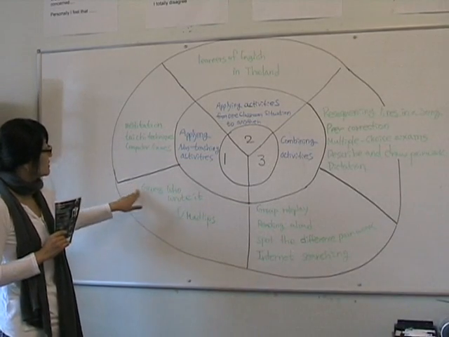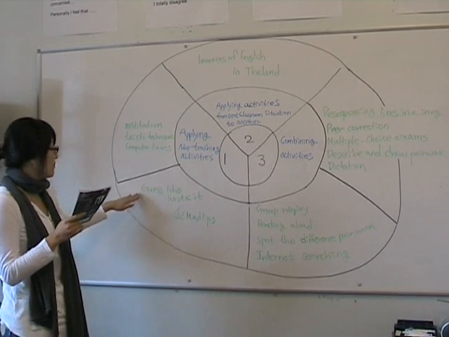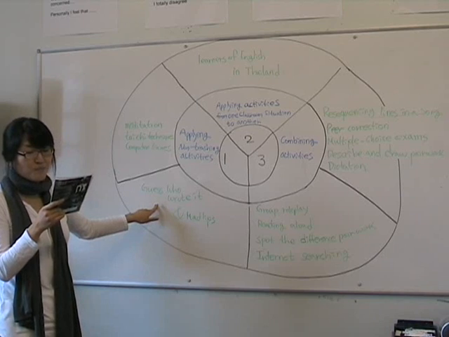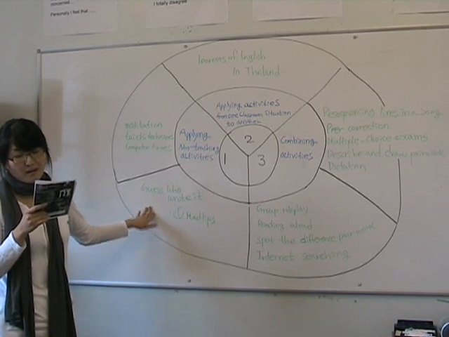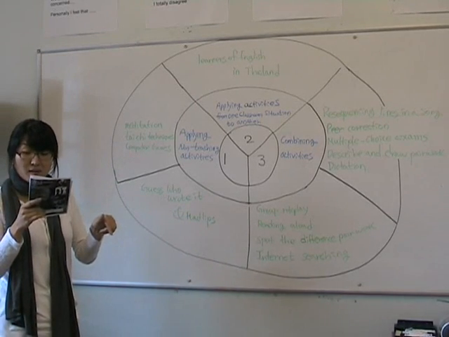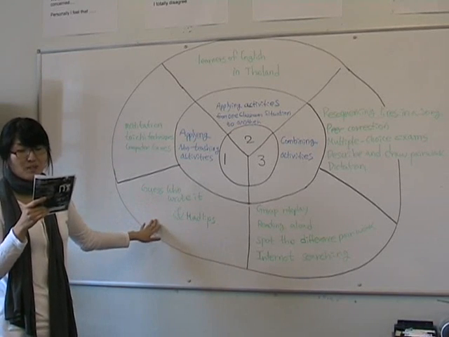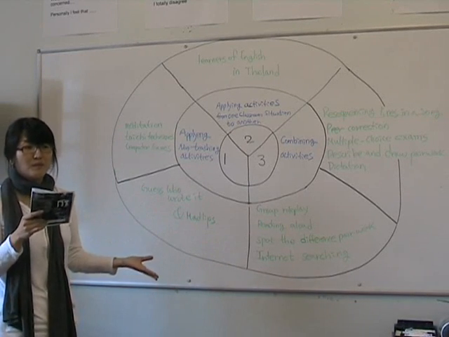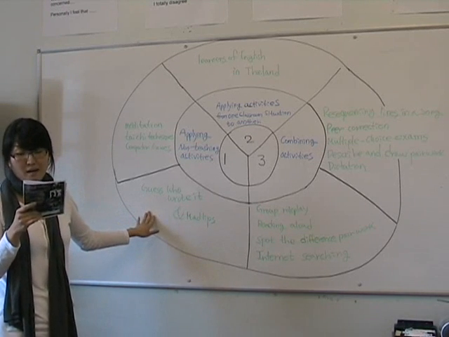The first one is Guess Who Wrote It? Let me explain how to play this game. Students are put into two groups, each asked to write down on a slip of paper a short answer to questions, such as what do you want to learn from this course, or what did you eat last night.